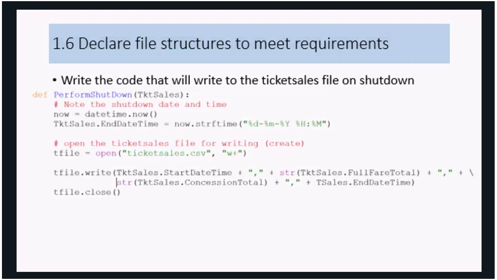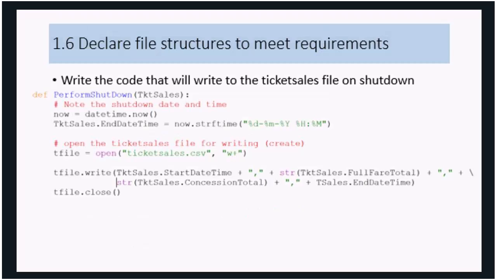Open up the file for writing, so that's W+. The plus means you're creating the file. It makes a new file each time. And you write the start time, the total sales for full fares, and the total sales for concessions, and the end date time. And it separates these with commas.